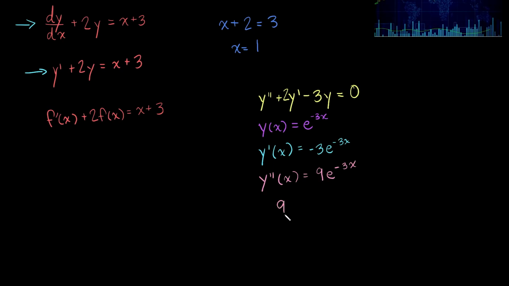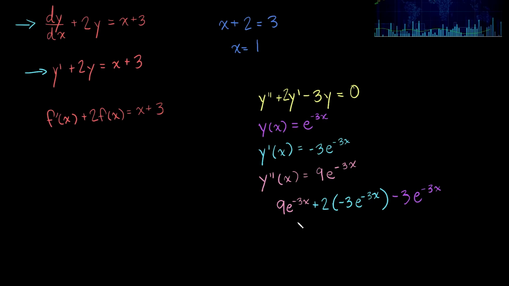So we get 9e to the minus 3x plus 2 times negative 3e to the negative 3x, minus 3 times our function of x, which is e to the minus 3x.